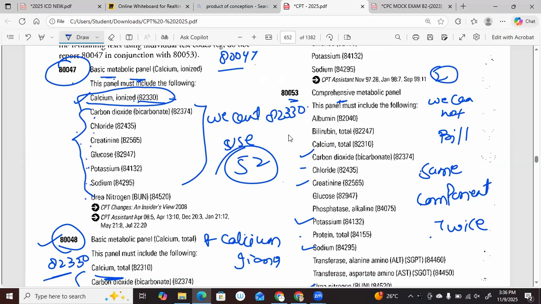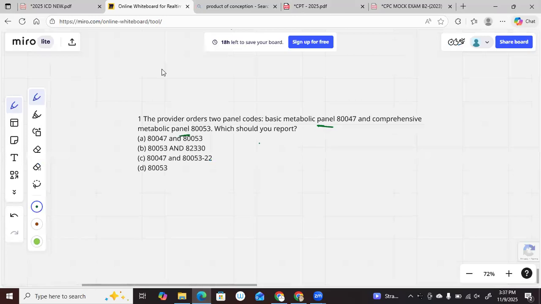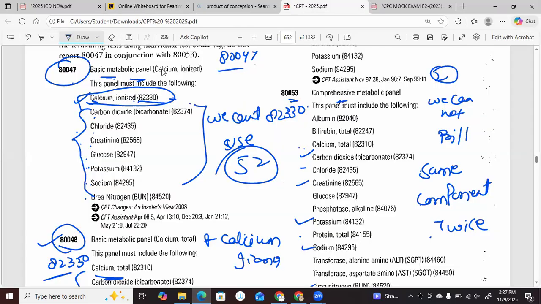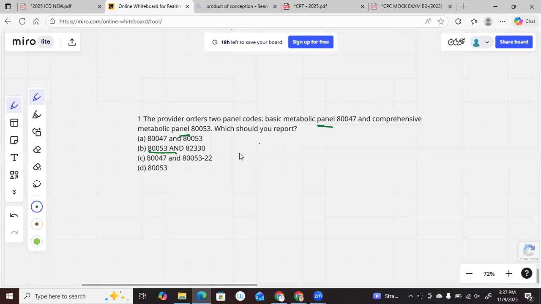But we have a specific different component here, calcium ionized, which is not included in the 80053. So we have to bill calcium ionized separately in conjunction with the 80053. So we have to bill 80053 and 82332.